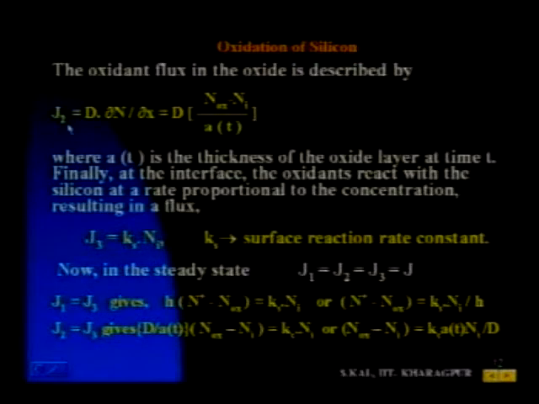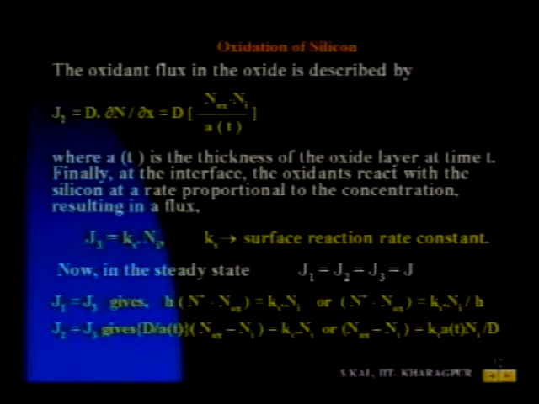That is the theory of diffusion. So J2 means after absorption, from the surface of the silicon dioxide to the interface, that movement of the oxidants will be controlled by the diffusion process.